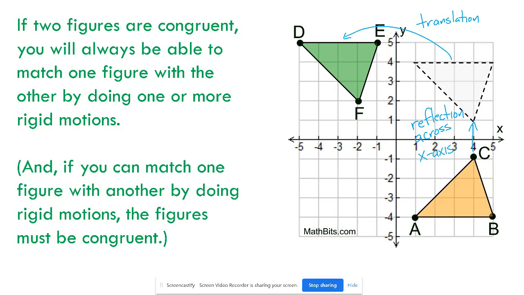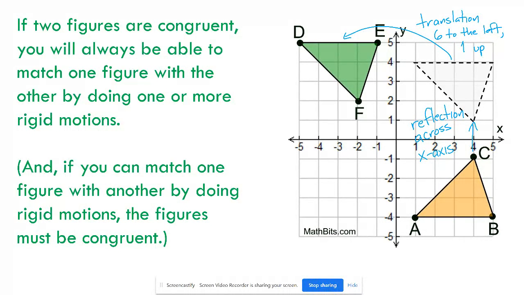translated it 6 to the left and up 1. So 6 to the left and 1 up. So what they did for ABC is they translated it, or they reflected it, I'm sorry, then they translated it.